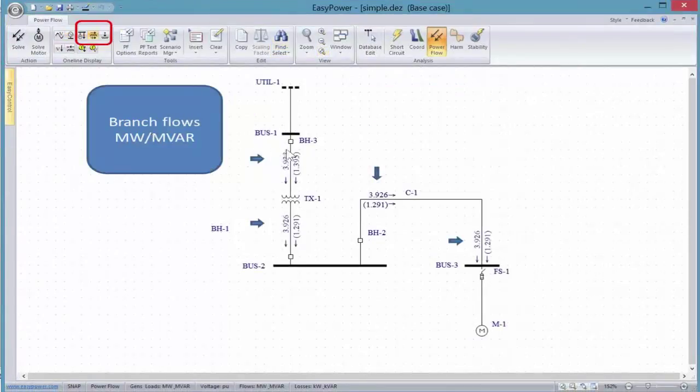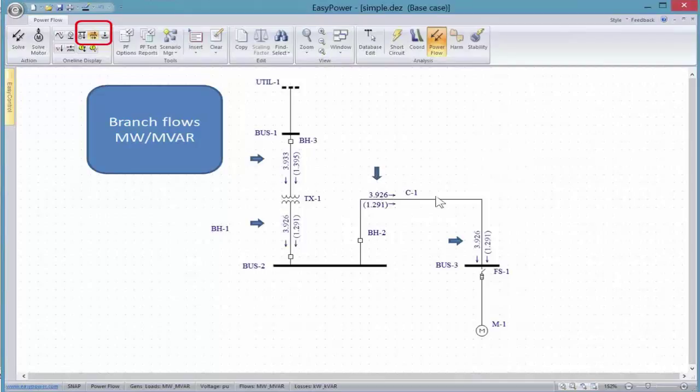Likewise, we may want to look at the flow through different parts of the circuit, comparing the real power and the reactive power flow. And where we see a difference will be the sources of losses. And in this case, we're seeing a drop in the reactive power and somewhat in the real power across the transformer, and that will show up as heat dissipation in the transformer itself.